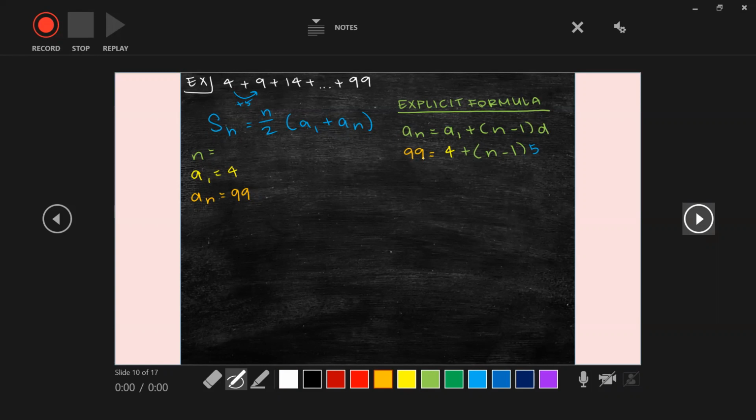Can you guys solve this on your own? Solve that guy for N. Feels, what do you want to do first?